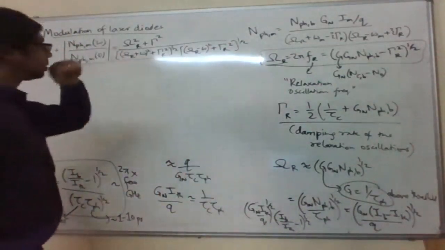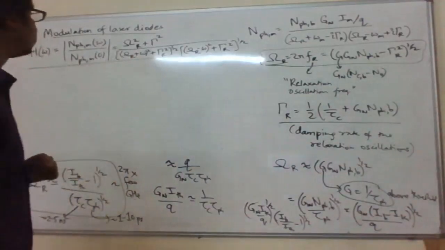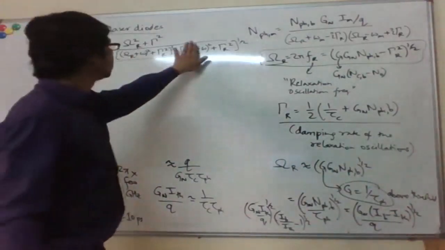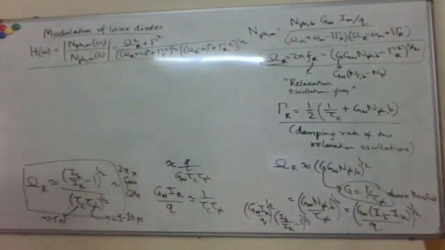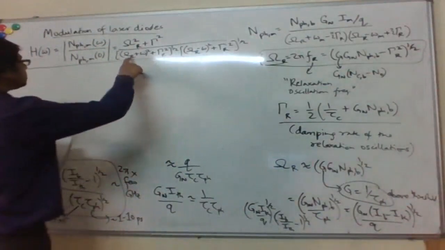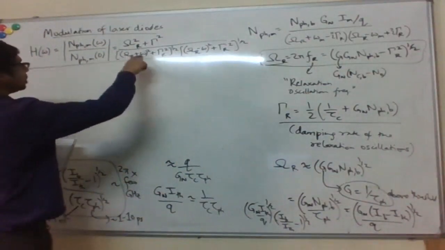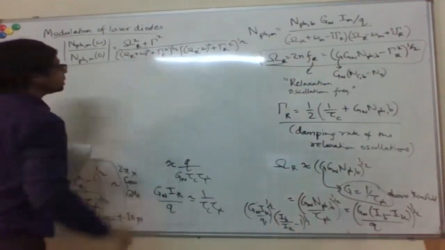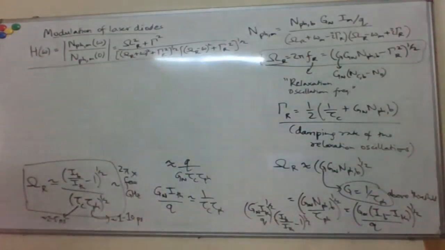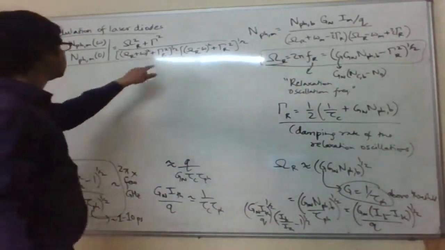Okay, so again, it looks a little bit more complicated than the LED case, where we just had something like a Lorentzian, like 1 over omega square plus gamma square. So again, typically, this omega r is much bigger than this gamma r, right? So omega r we saw is like few gigahertz range.